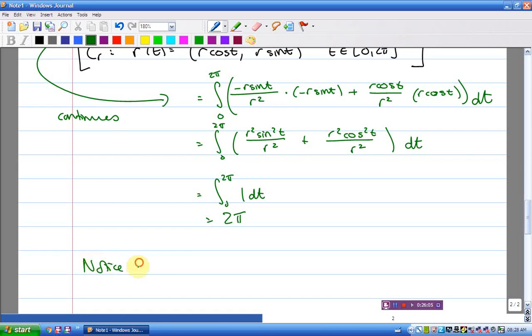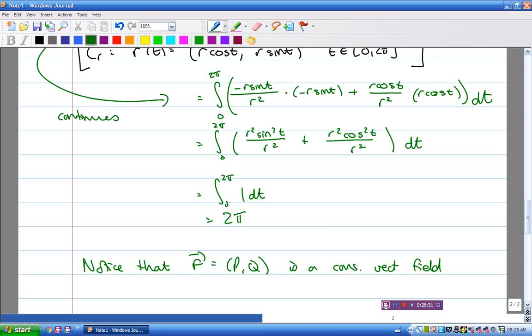Notice that F equals PQ is a conservative vector field. If P and Q had actually been defined throughout the region and a little bit outside the region, then I would have been able to use Green's theorem without this funny construction of an inside path, and I would have just done the double integral and I would have got 0, which is what we expect.